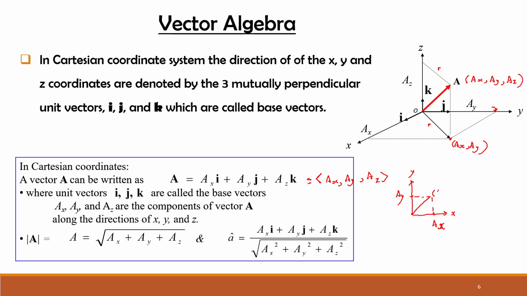So this point is (ax, ay). Round brackets are a coordinate: x is about ax units, y is about ay units. Now the magnitude, let's say in 2D.